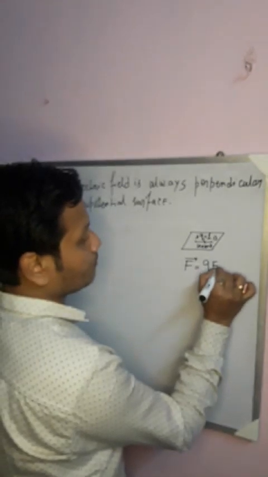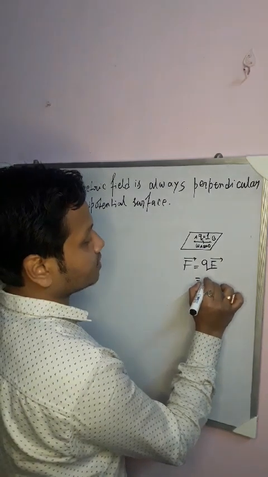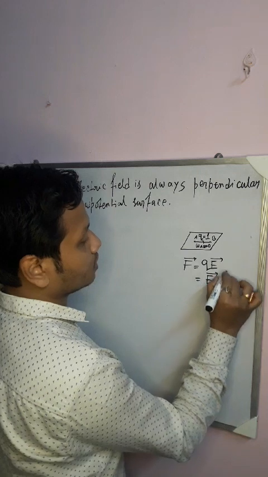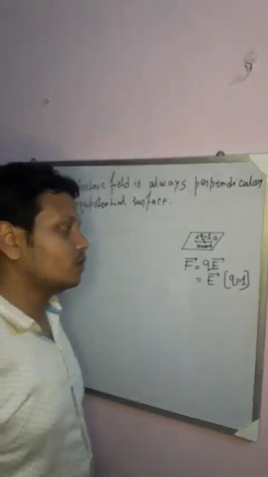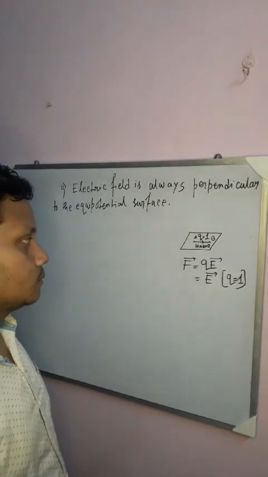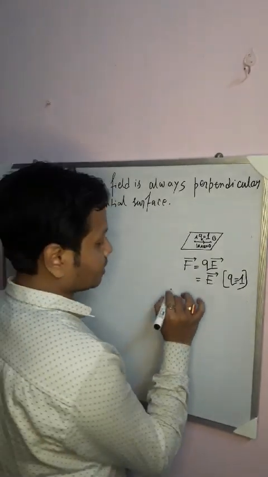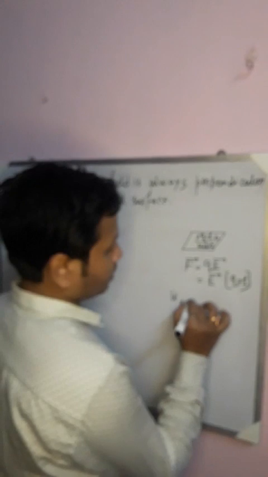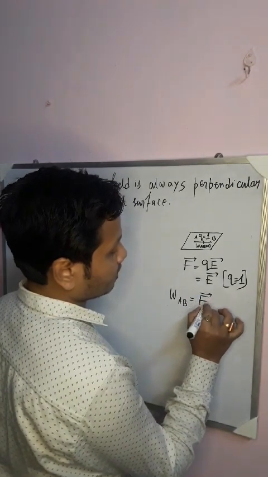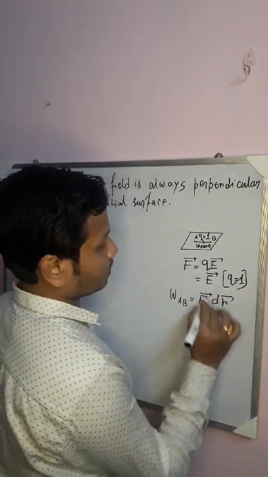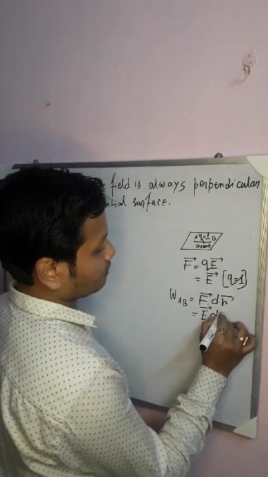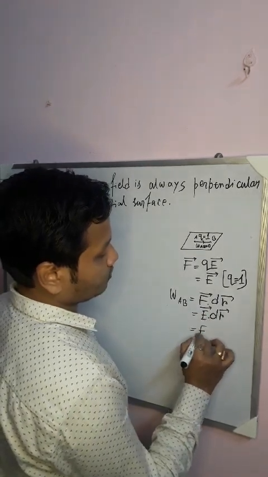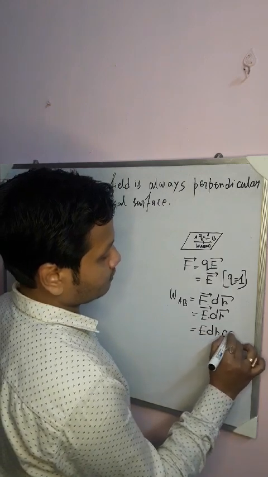Q into E. Since we consider a unit charge, that means F is equal to E. Okay, so what will be the formula of work done? Work done is simply F dot dr. And what is F? F is equal to E, so work done is E dot dr. Okay, so this is E dr cos theta.